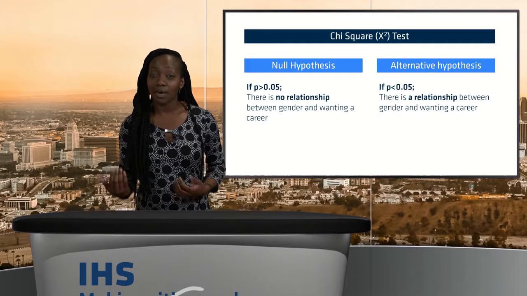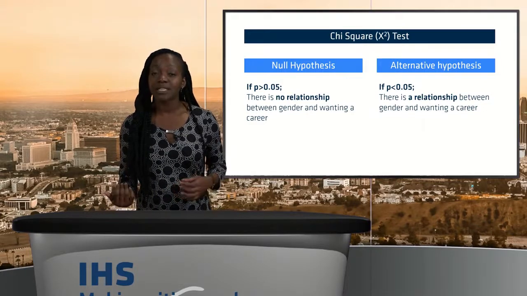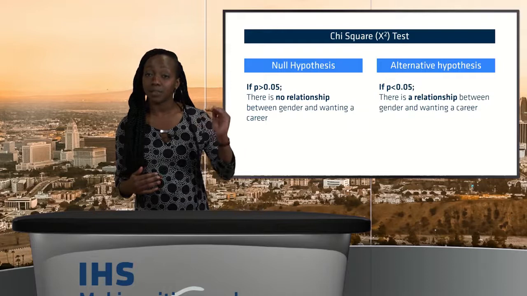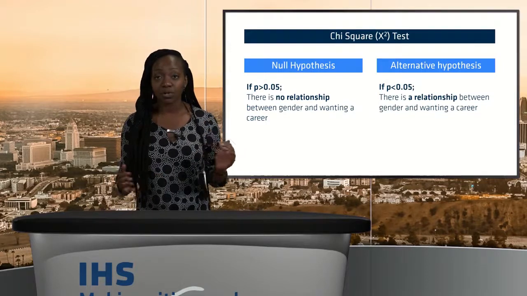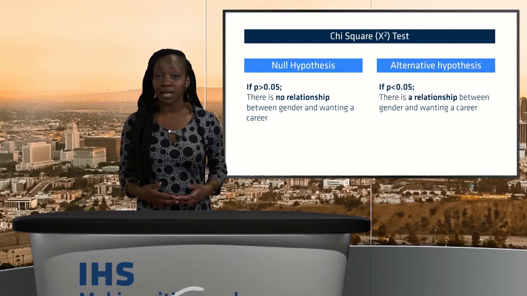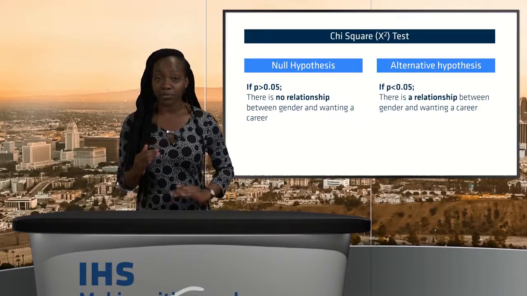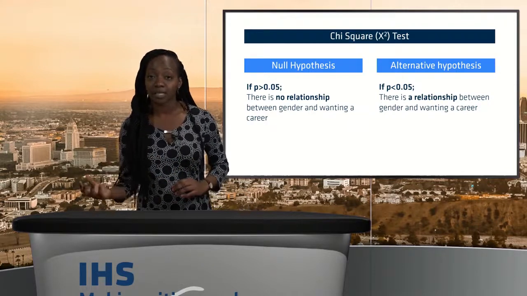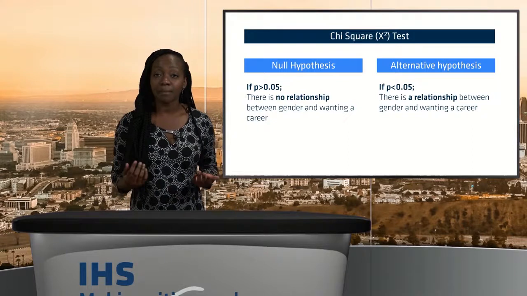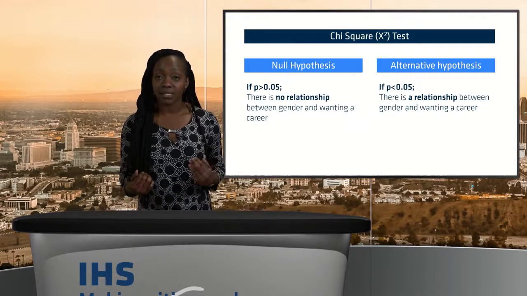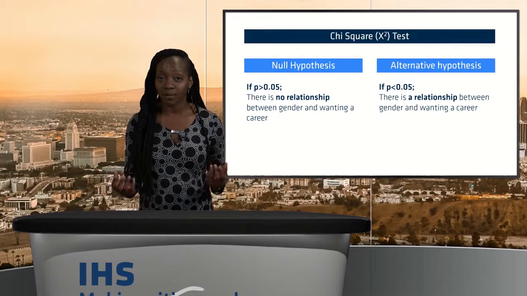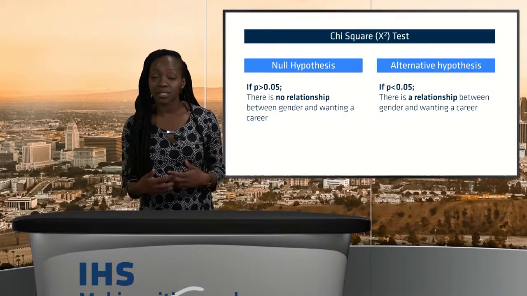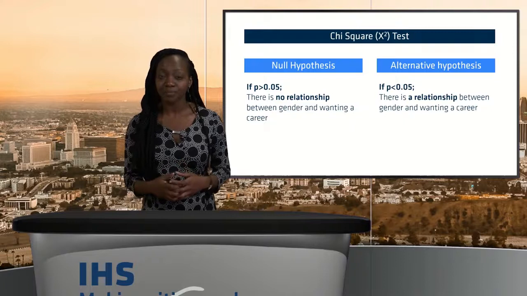Similar to the tests of normality mentioned in the previous video, a significance value greater than 0.05 would imply that we accept the null hypothesis, and a value less than 0.05 would imply that we reject the null hypothesis and accept its alternative. In the example used, if the significance is less than 0.05, it would mean that there is a relationship between gender and wanting a career, and that the data supports the alternative hypothesis.